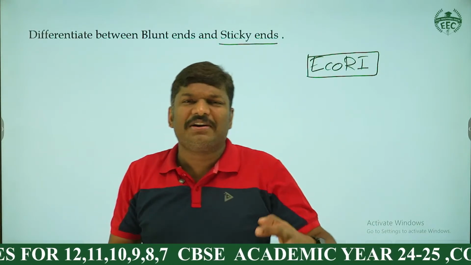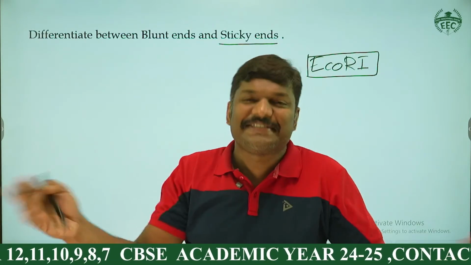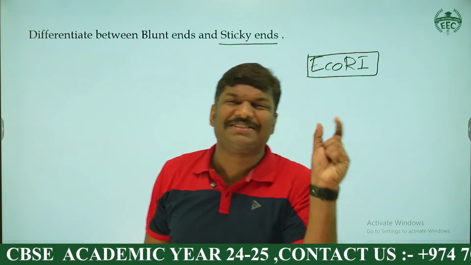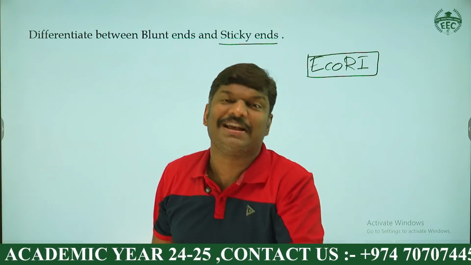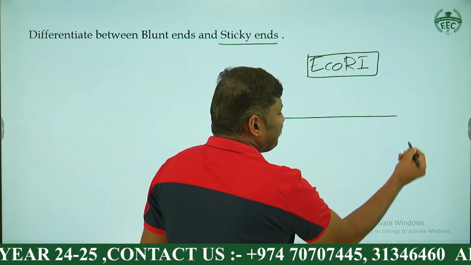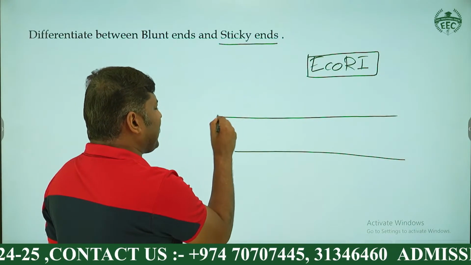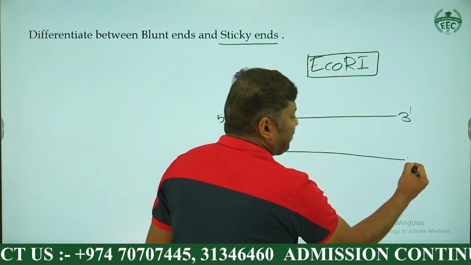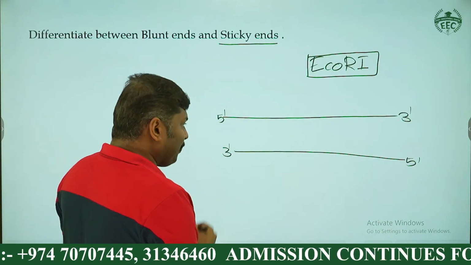So EcoRI cannot cut a DNA at any site. In the DNA, if there is a recognition sequence, it can attach to that recognition sequence and cut in a special manner. For example, if this is the DNA, this is 5' to 3', this is 3' to 5', there should be a sequence.